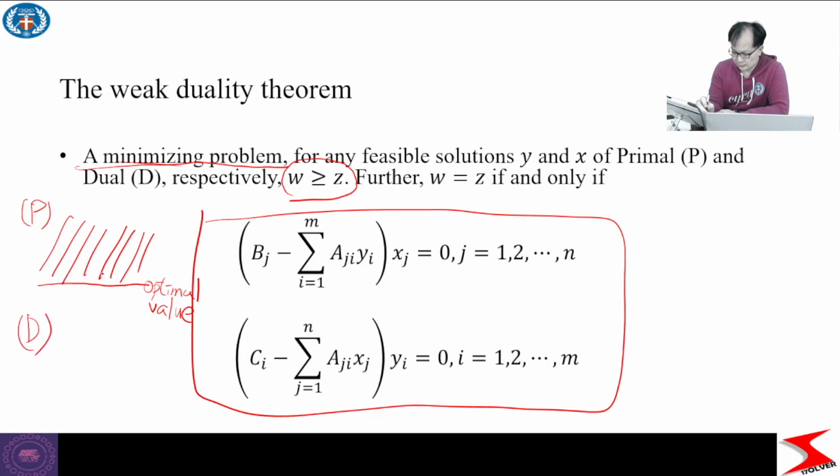So W is the value in the primal, and z is the value in the dual. So W is always larger than the dual value. If we start from the maximizing problem, it will be reversed.